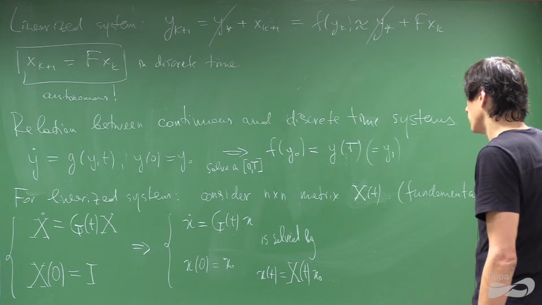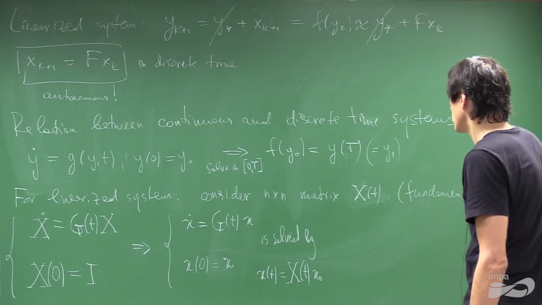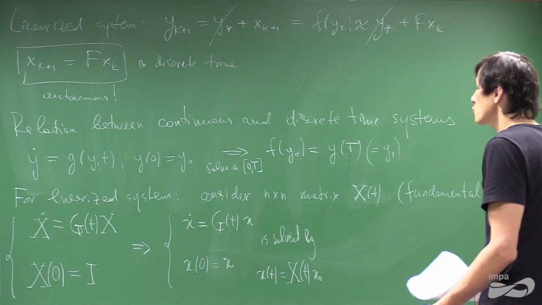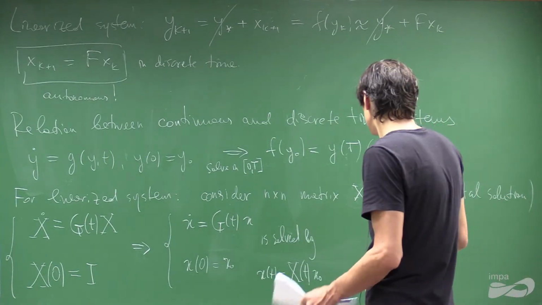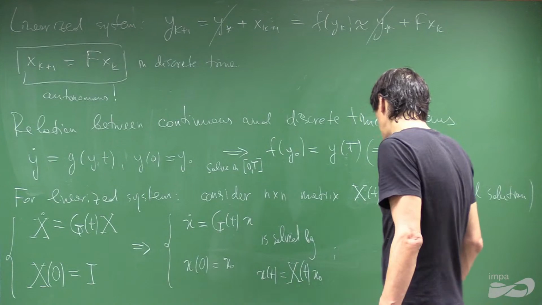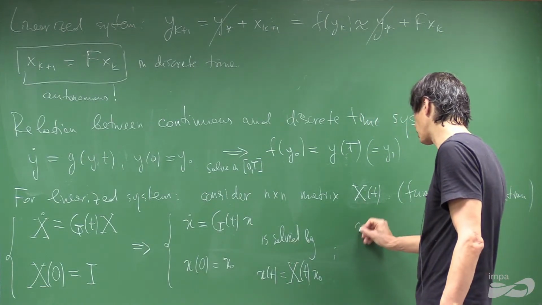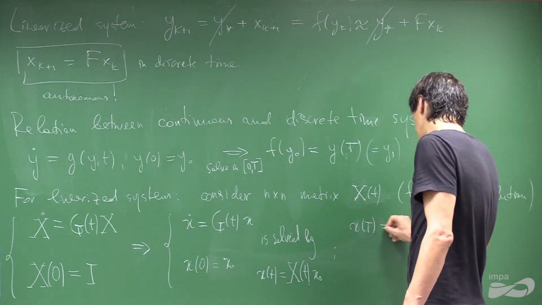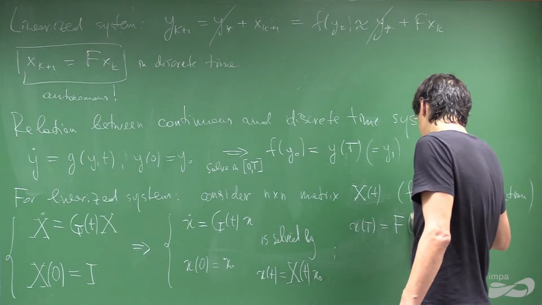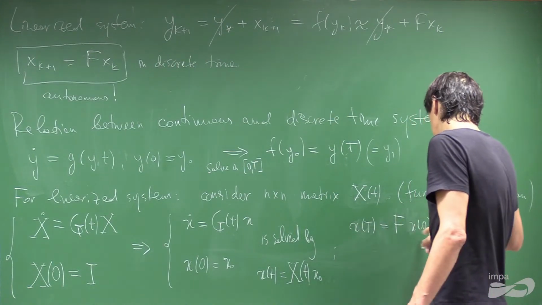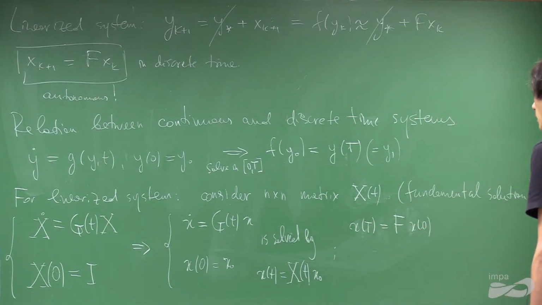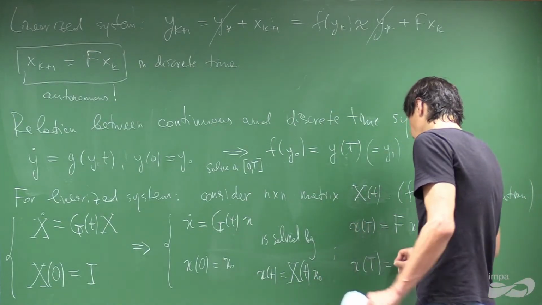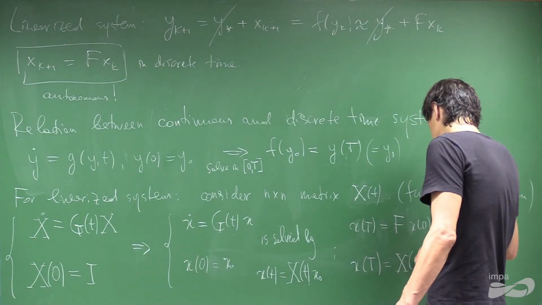But now what you see is that F is a matrix which connects the value at 0 time to the value at the period. And from another side, we know that we can write it through the fundamental solution.